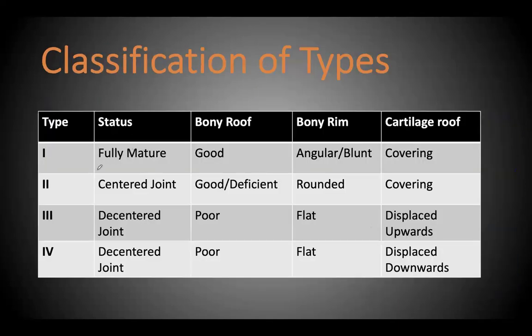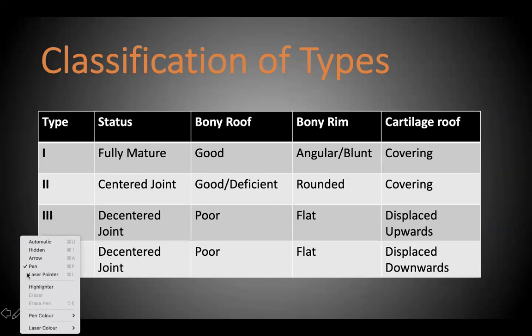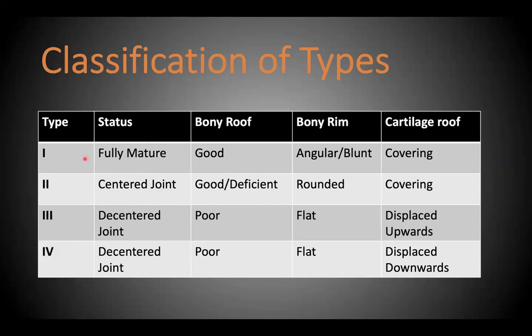So here you would classify the hips based on whether they are centered or decentered. Graf type 1 and Graf type 2 are centered hips, whereas Graf type 3 and Graf type 4 are decentered hips. In any centered hip, your bony roof is going to be good.